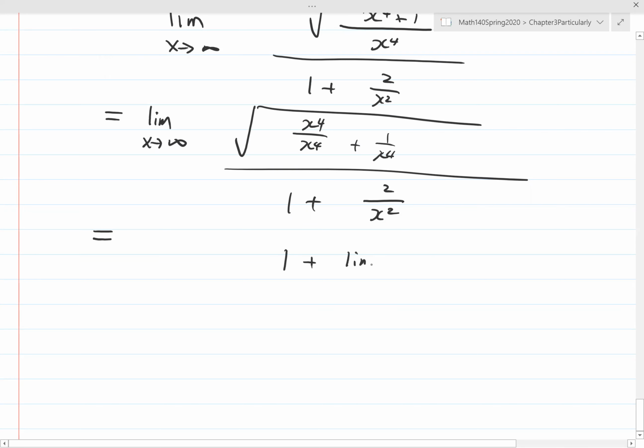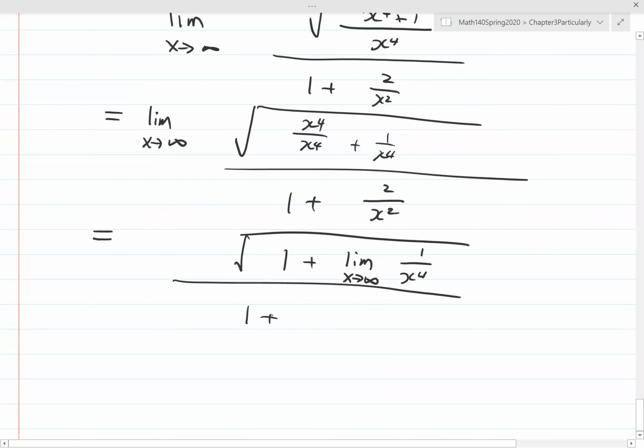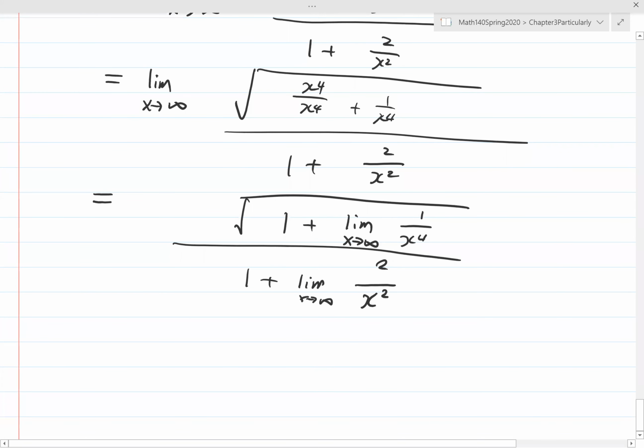Now distribute the limit inside. A finite number, 1 or 2, over x to some positive power, the limit is actually 0.